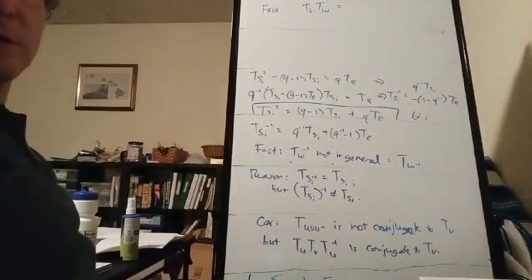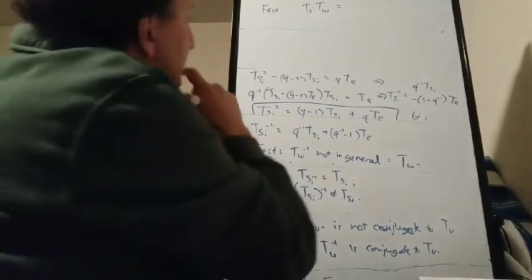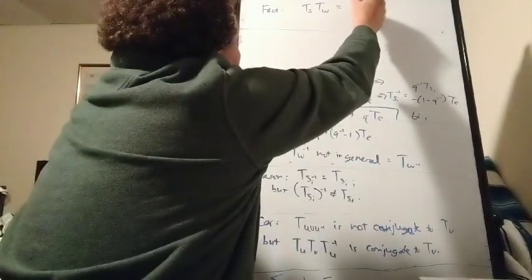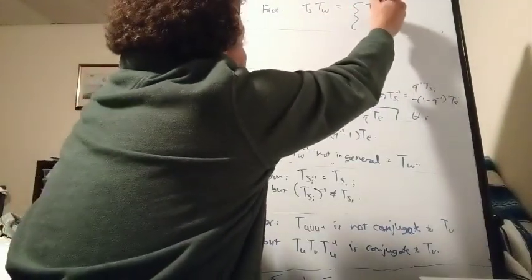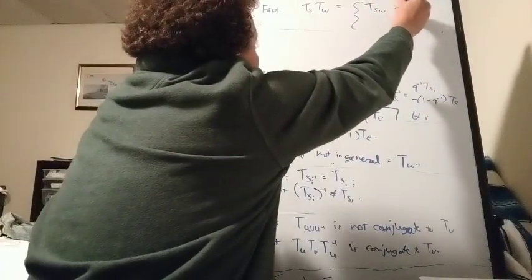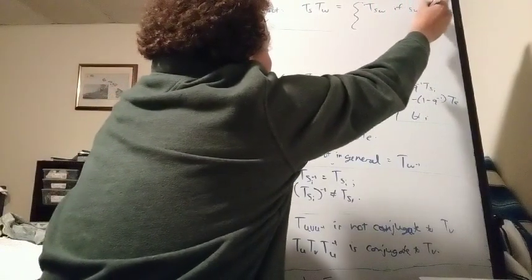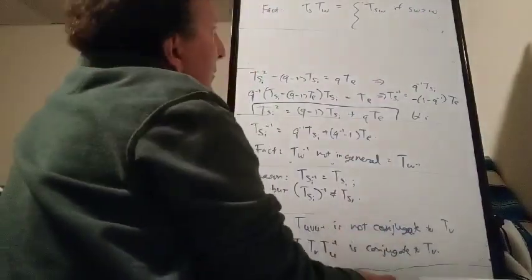Let's look at the product T_s times T_w. So this is equal to T_{sw} if sw is greater than w in the Bruhat order.